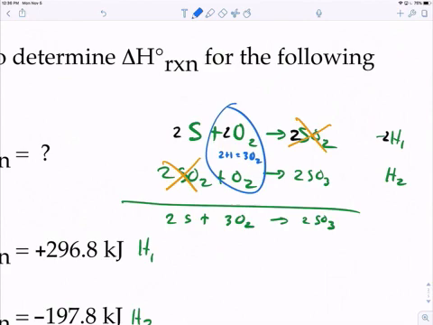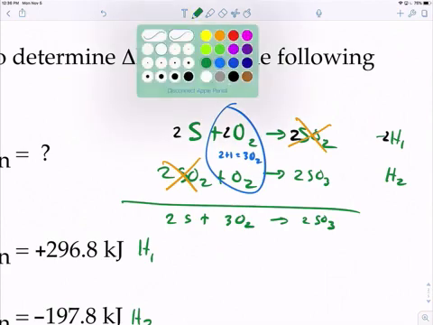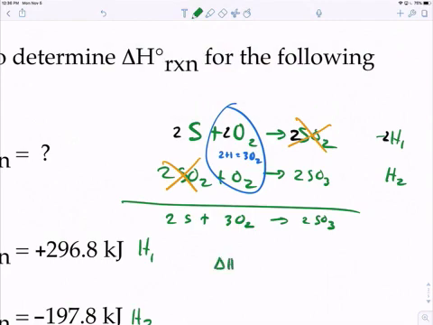And the delta H is going to be minus 2 H1 plus H2, which is minus 2 times 296.8 plus a minus 197.8.